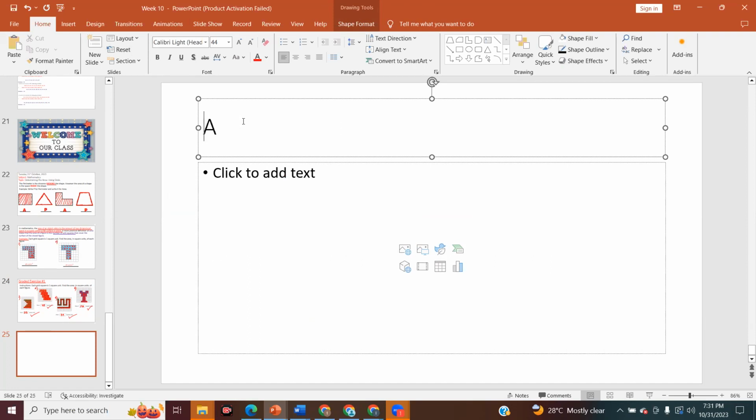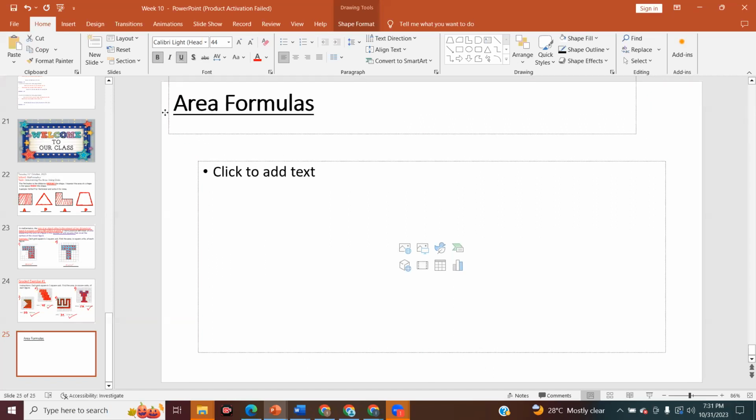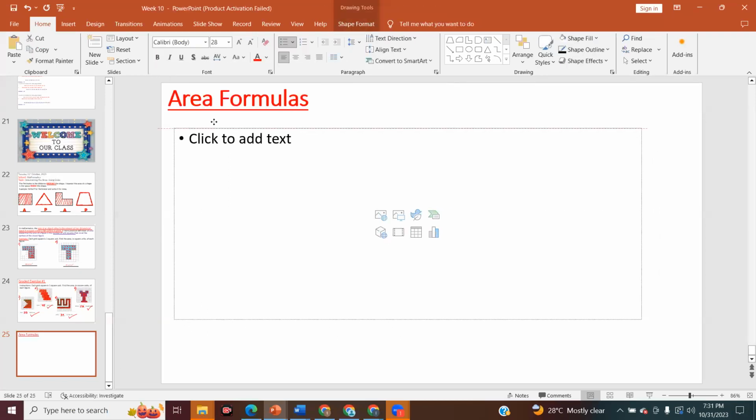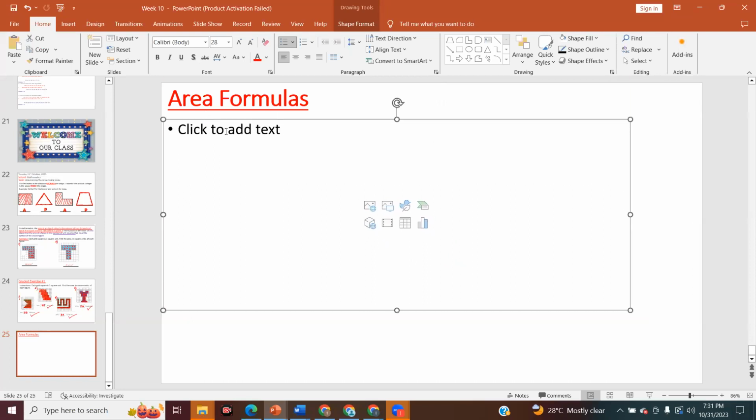Well, if they don't give you a grid, then you have to use formulas for the area. We're going to be looking at two types of shapes, and we're going to be given their formula.